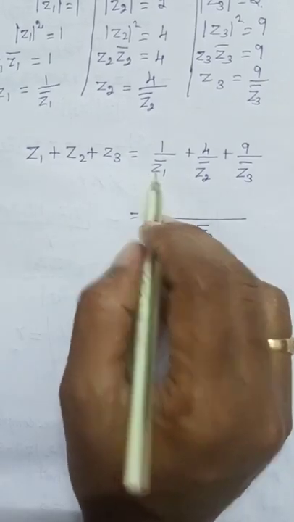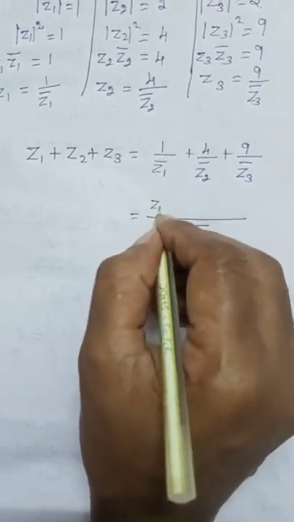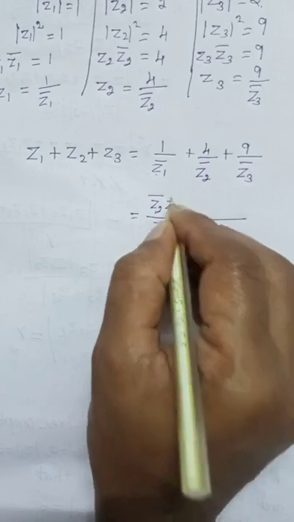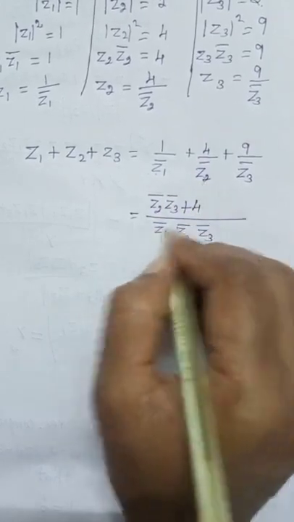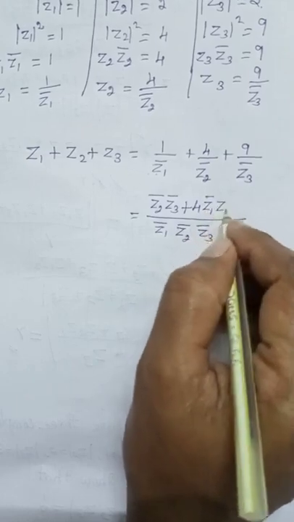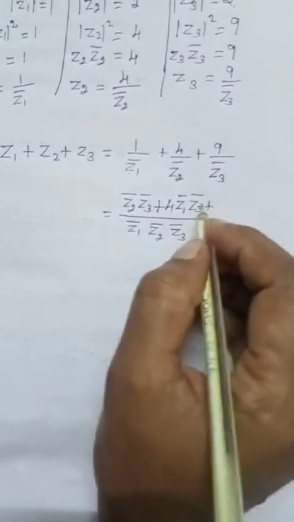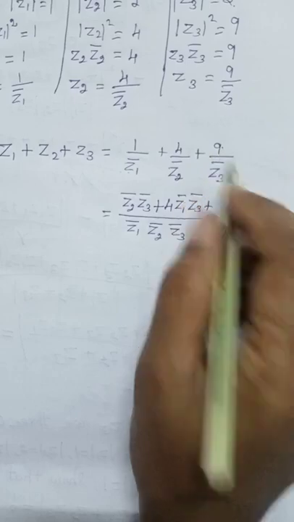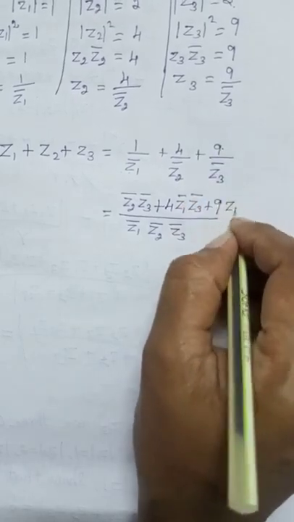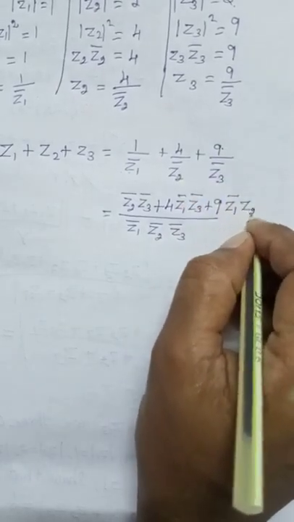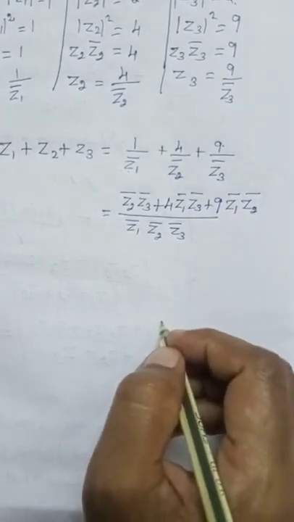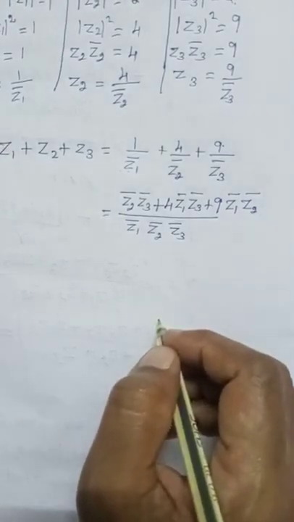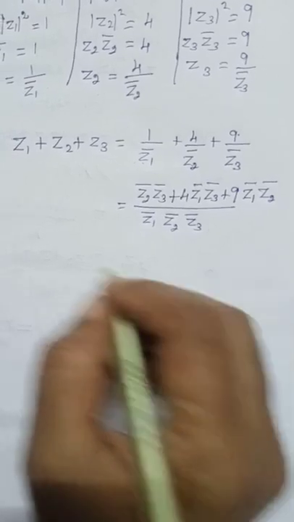So here Z1 bar is there, so we may get Z2 bar into Z3 bar plus 4, Z2 bar is there, so Z1 bar into Z3 bar. And here we have Z3 bar in the numerator 9. So 9 into Z1 bar into Z2 bar. Is that clear? Now take that modulus.